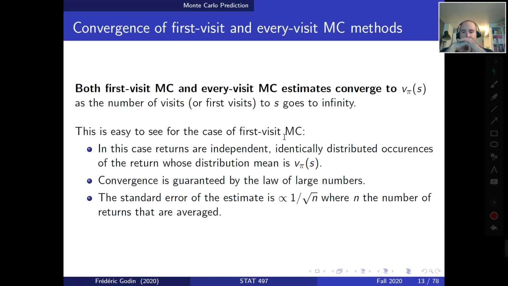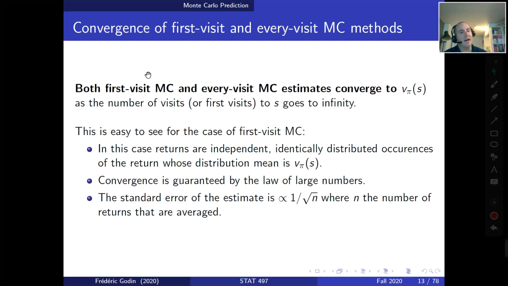Okay, so in the first visit Monte Carlo approach, it's easy to see why this is the case. Every time you have a first visit to S, it must be in different paths because we only account for the first visit in a given path.